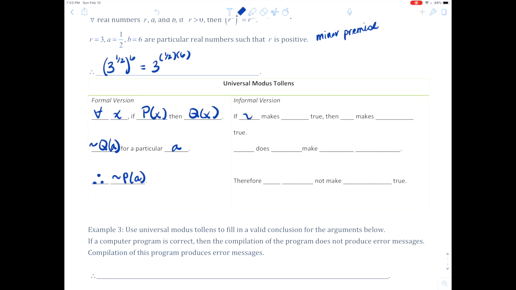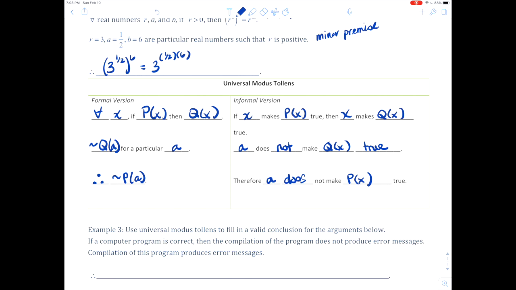Informally, if x makes p of x true, then x makes q of x true. a does not make q of x true. Therefore, a does not make p of x true. Good, good?